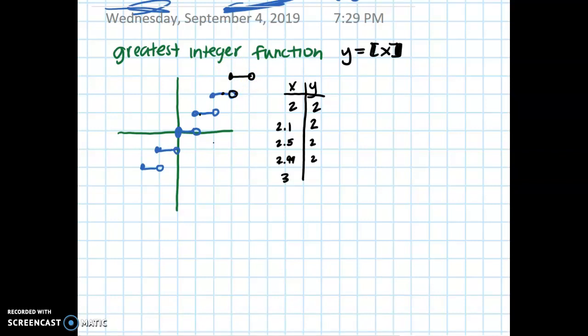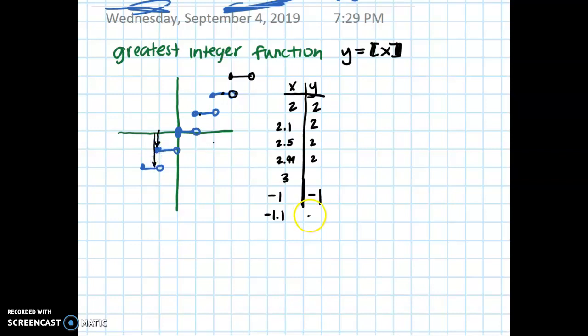It's also true on the negative sides, but it's kind of strange on the negative side. So perhaps I examine -1. If I get -1, I'm at -1. But if I do -1.1, -1.1 is like right here. So that's down there.